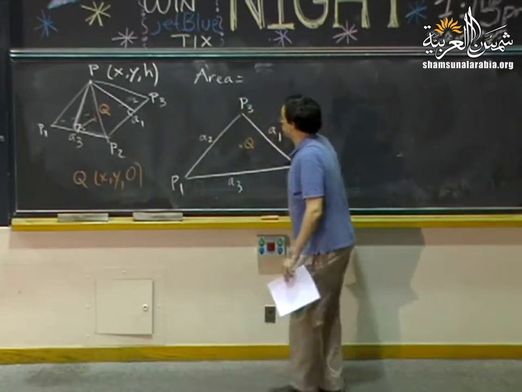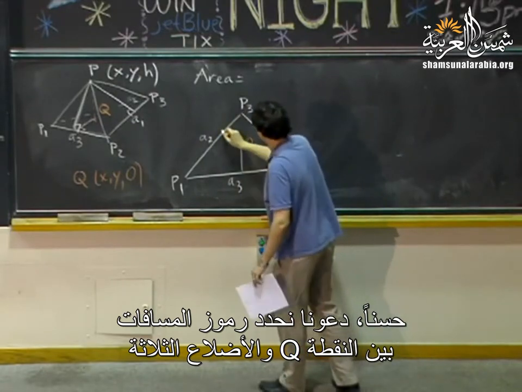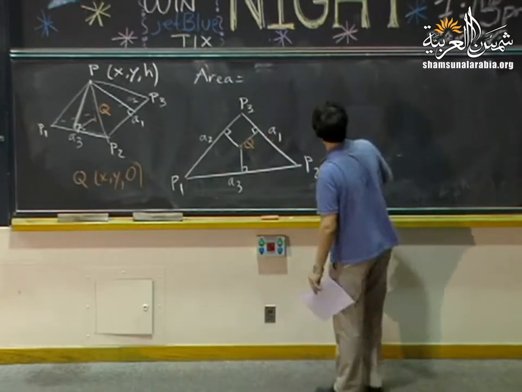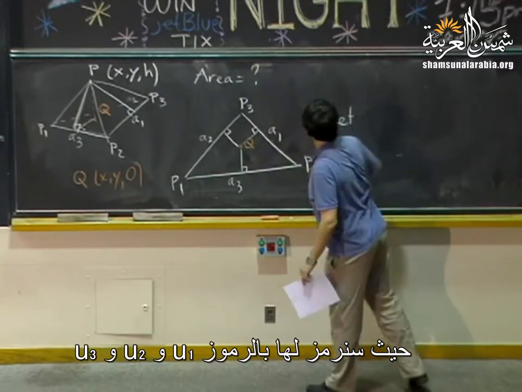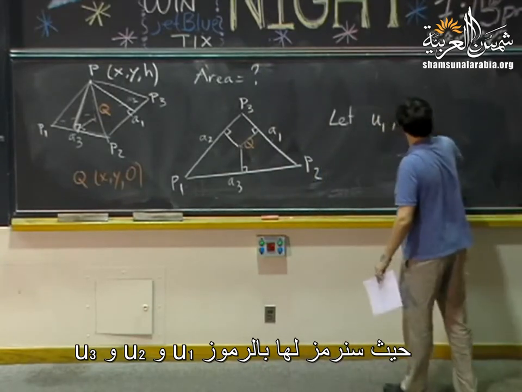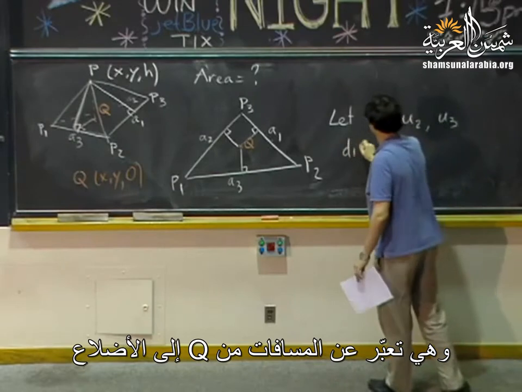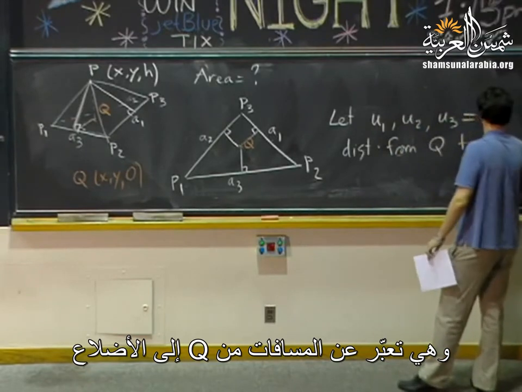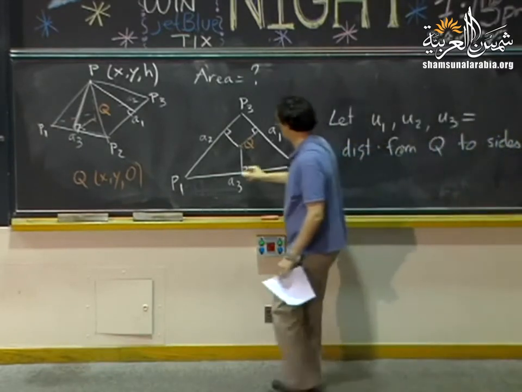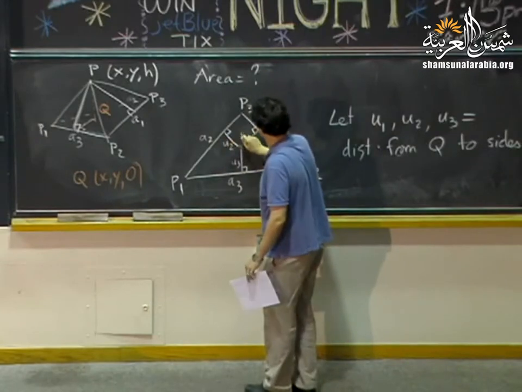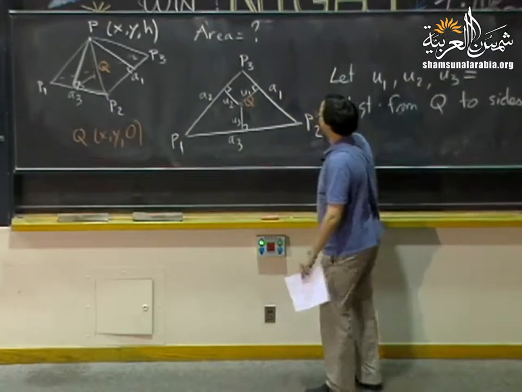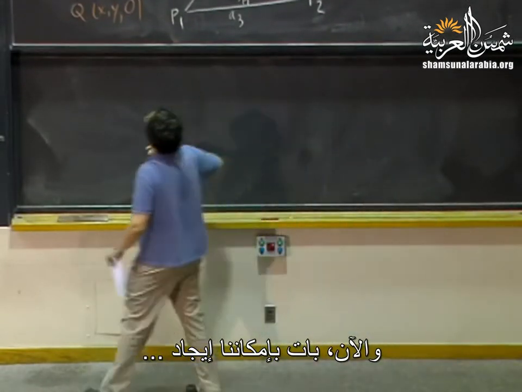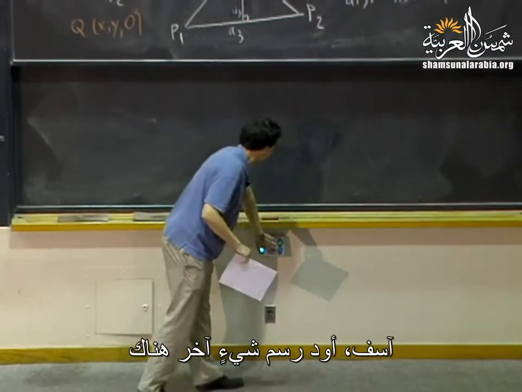Okay? So let me give names to the distances from Q to the sides. Let's call U1, U2, and U3 the distances from Q to the sides. Now I claim I can find, actually, sorry, I need to draw one more thing.